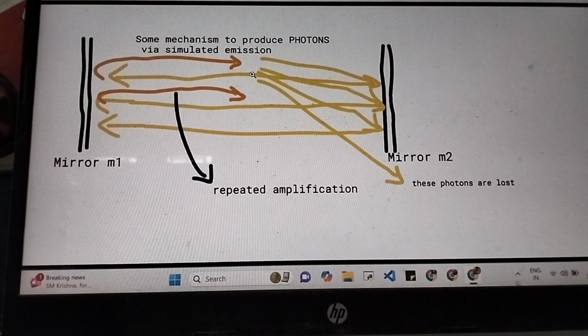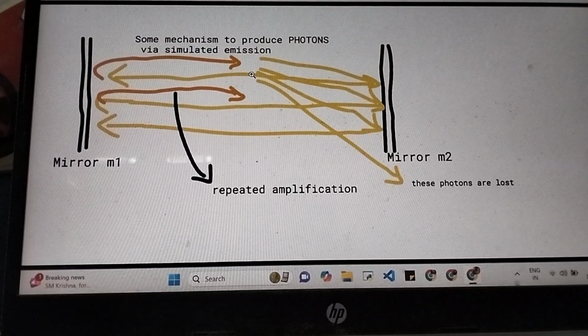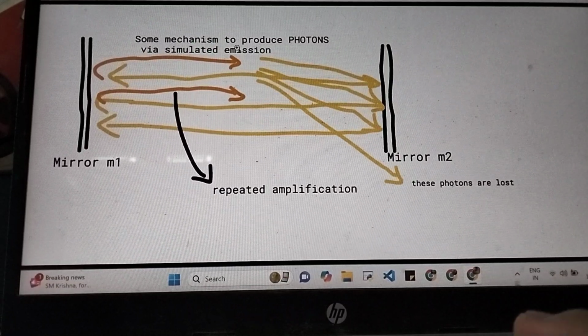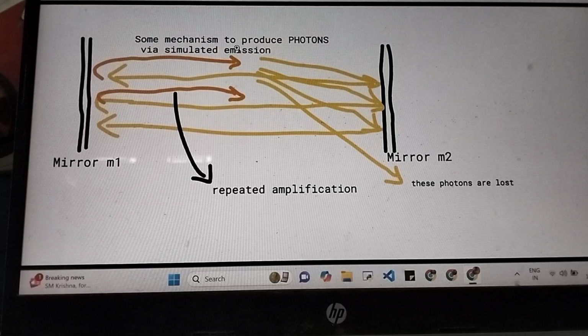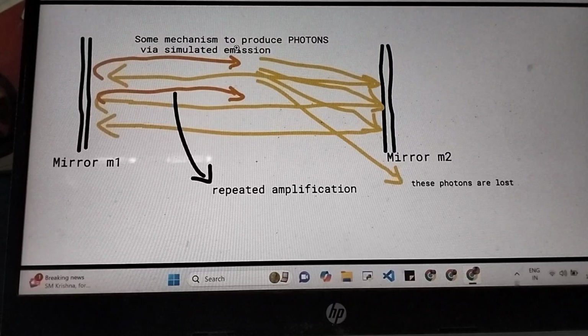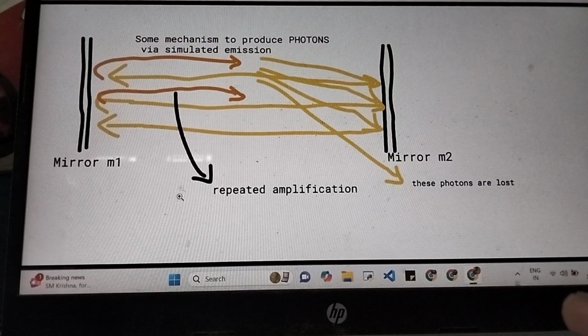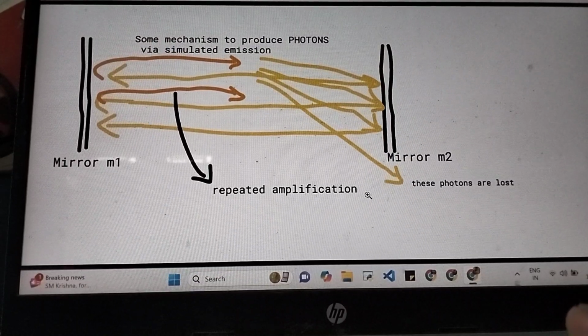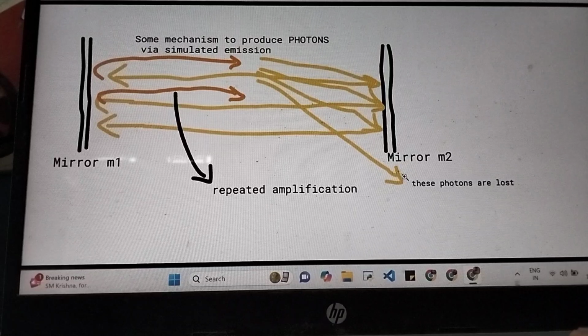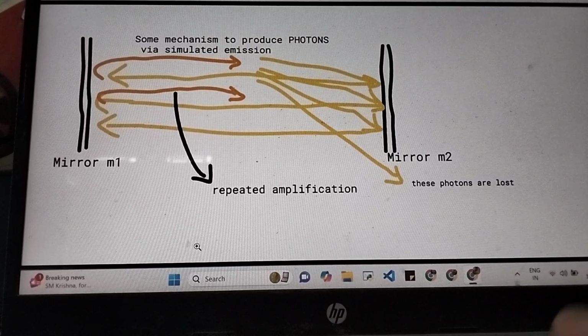But for now, what we need to understand is we have 2 mirrors placed parallel to each other, separated by a distance. In between them we have some mechanism that produces photons through a process called stimulated emission. These photons are incident on the mirror and throughout the setup at different angles. Those which are not incident on the mirror are usually lost.